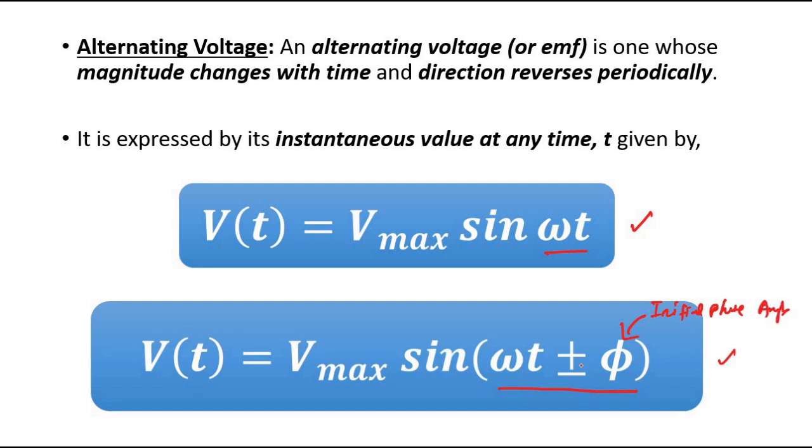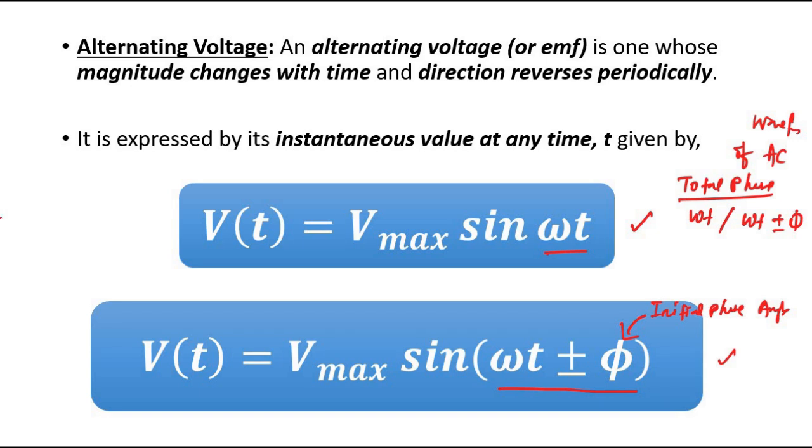This, omega t or omega t plus minus phi, constitutes the total phase of the AC waveform. Vmax is the amplitude, omega is the angular frequency, t is the time instant, and phi is the initial phase angle.